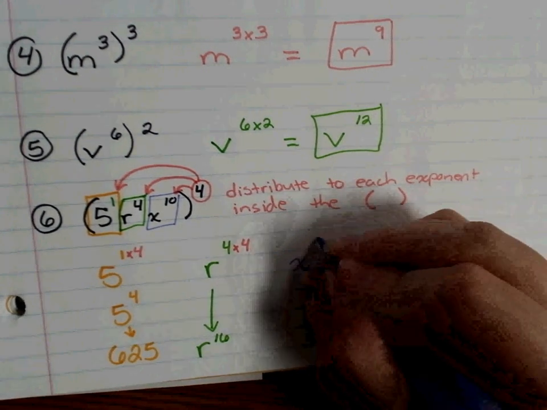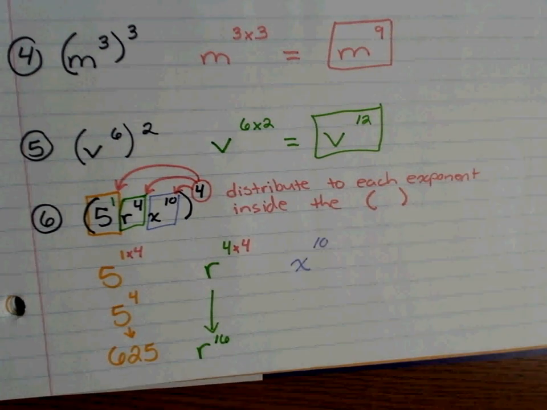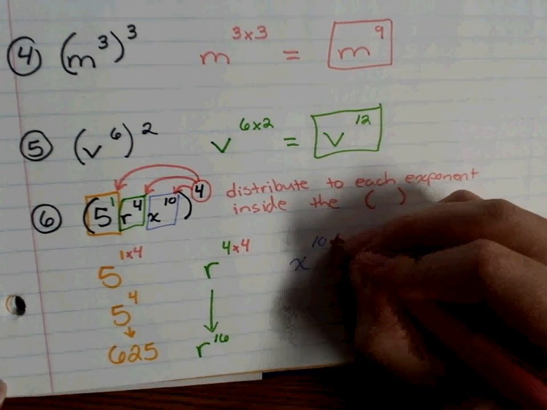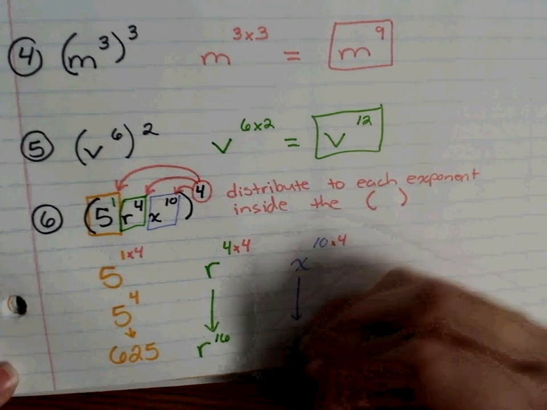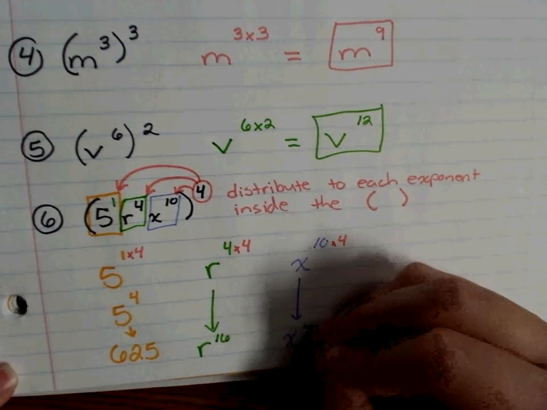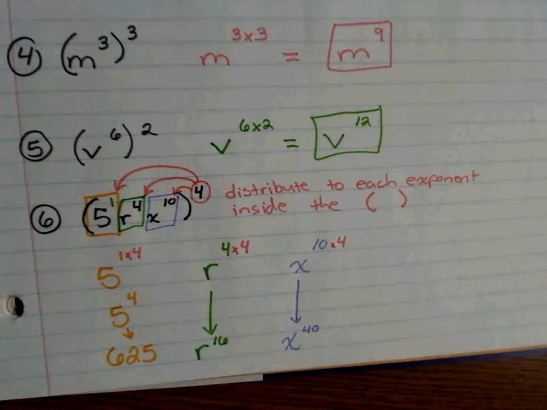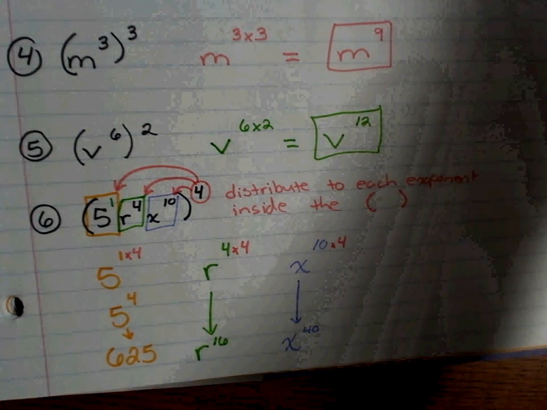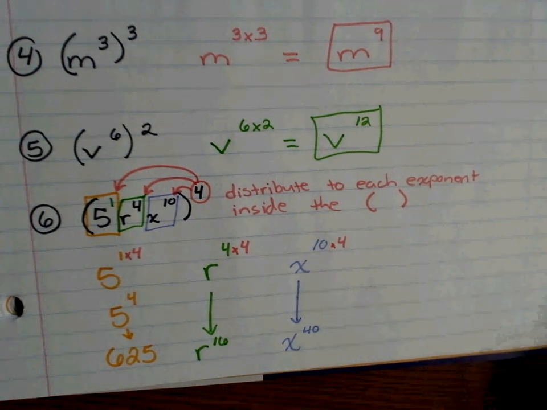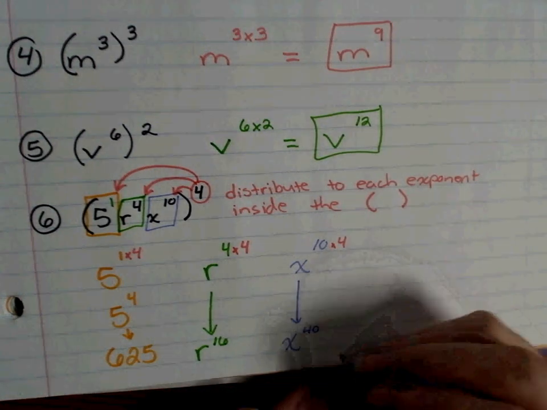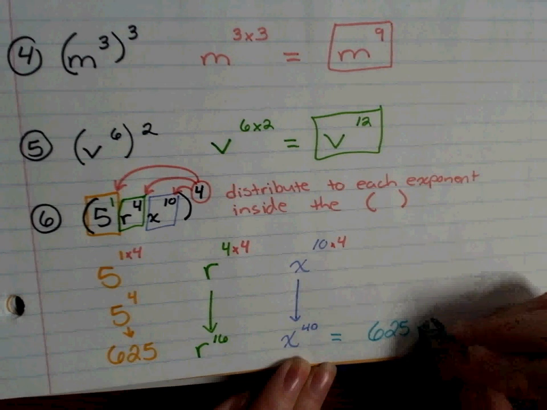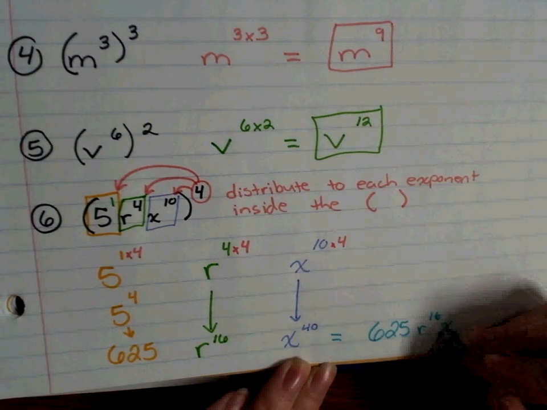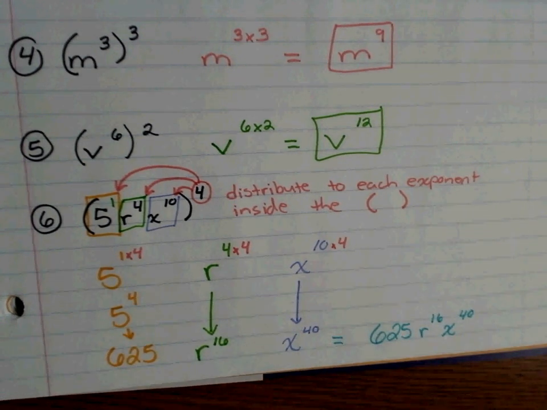So that means it's x to the 10 times 4 power. So what is that? X to the 40th. Okay, so now all we have to do is combine that all together, and that's our final answer. So our final answer is 625, r to the 16th, x to the 40th.